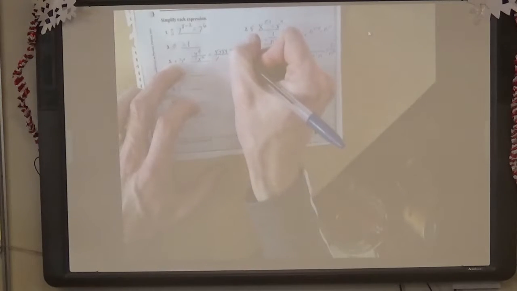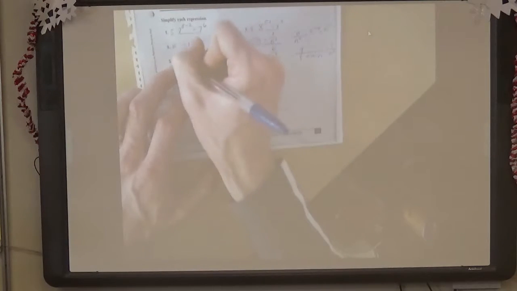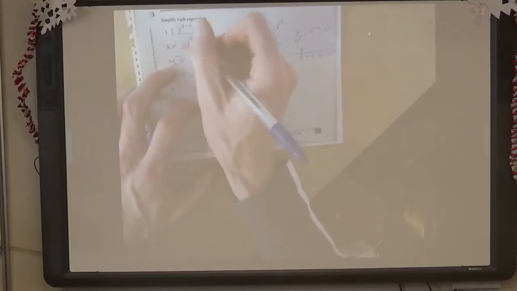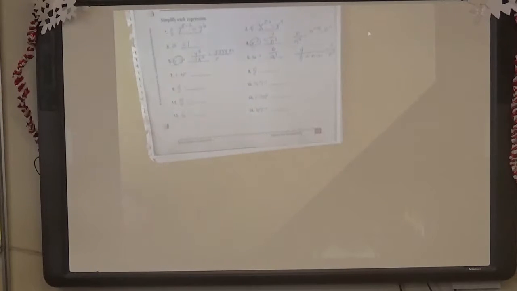Let's say that we had some x's up here. Why is the x up there? But see, that makes no sense. Why would you change it if it was on the top originally? Why would you change it down when all you want to do is bring it back up again?